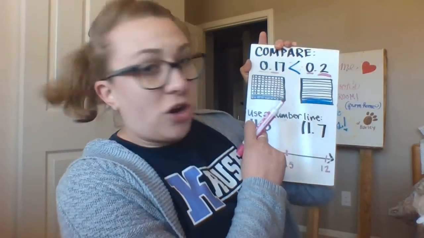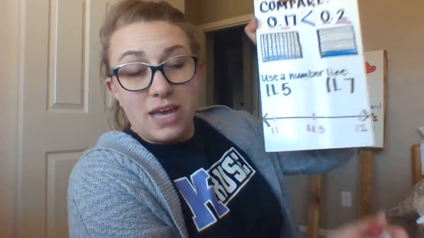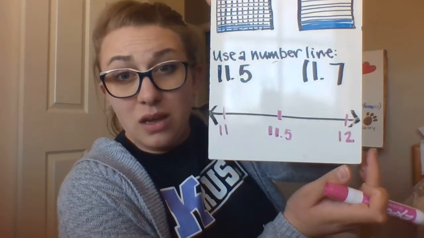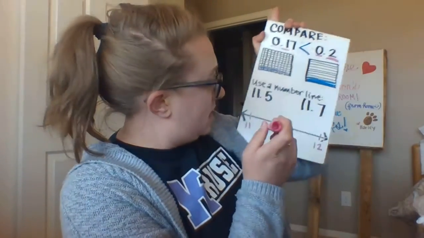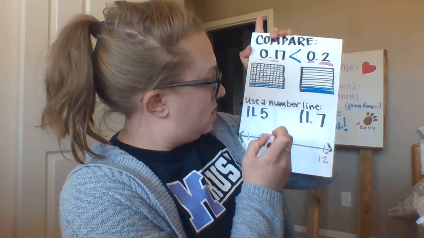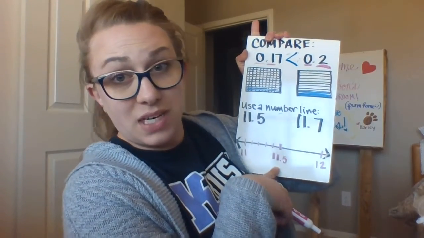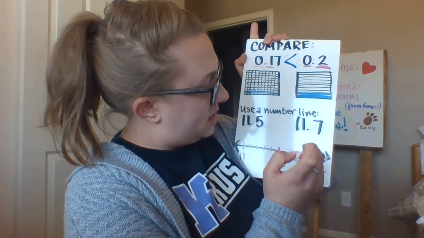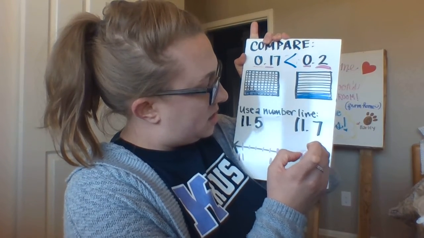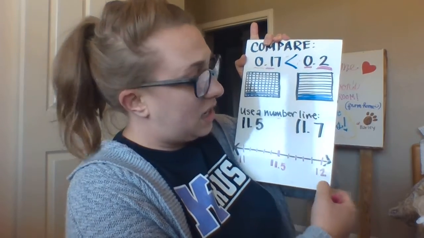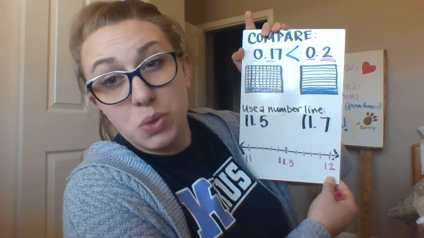And look, we've already established where 11.5 is on that number line. Now I'm going to do my tenths in between. Okay, so I have 11, 11 and 1 tenth, 2 tenths, 3 tenths, 4 tenths, 5 tenths, 11 and 6 tenths, 7 tenths, 8 tenths, 9 tenths, and then 11 and 10 tenths is actually the same thing as 12.